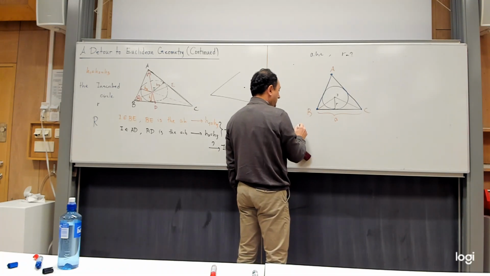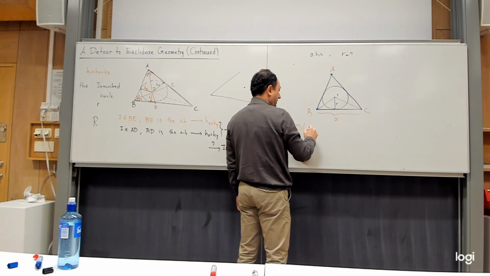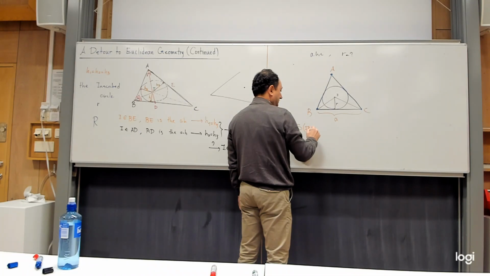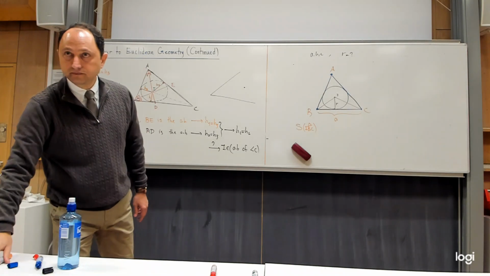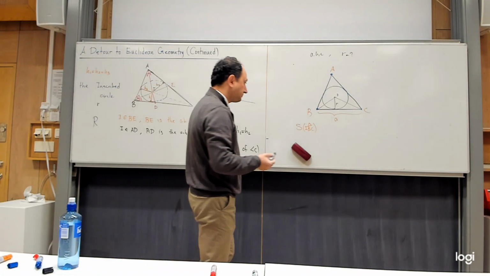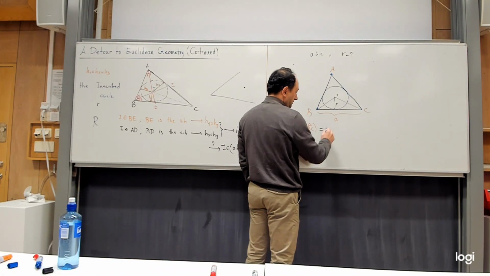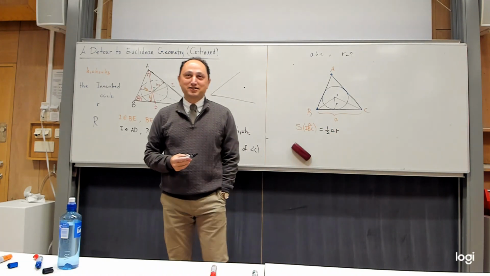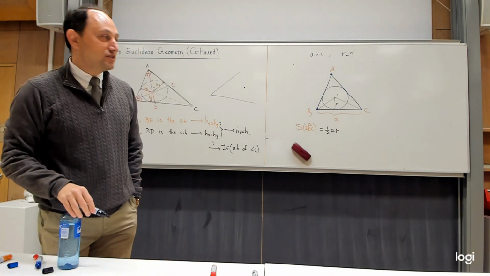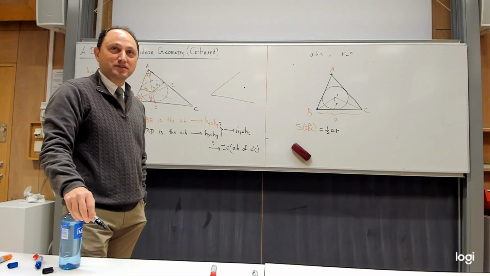Can I calculate the area of this smaller triangle? What is the area? Yes? a times r divided by 2. Exactly. But I don't want to solve the problem. The problem is actually solved. Can you just take one more step, two more steps?